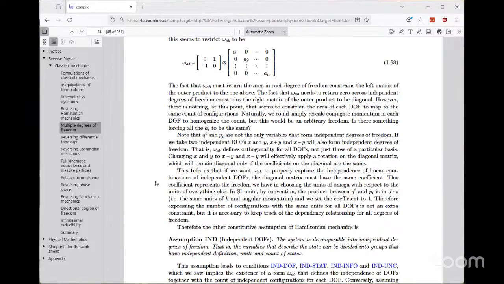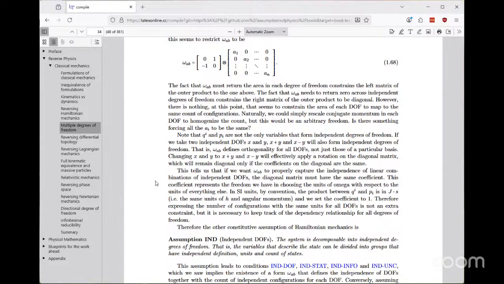Changing x and y to x plus y and x minus y will effectively apply a rotation on the diagonal matrix, which remains diagonal only if the coefficients of the diagonal are the same. This tells us that if we want omega AB to properly capture the independence of linear combinations of independent degrees of freedom, the diagonal matrix must have the same coefficients.